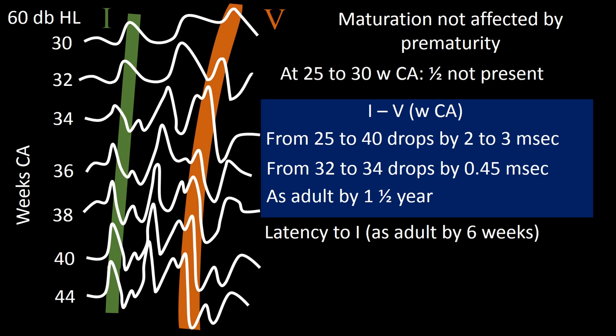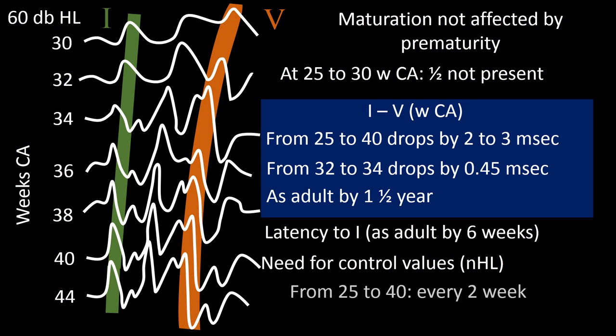Latency to wave 1 reaches adult value by about 6 weeks. Thus, for neonatal brain auditory evoked responses, control should be established for each 2 weeks from 25 to 40 weeks, and at 3, 6, 12, and 52 weeks after term.